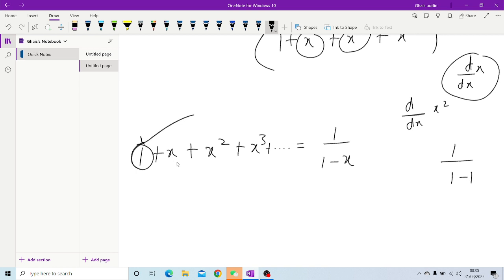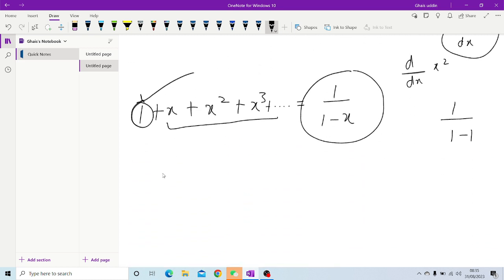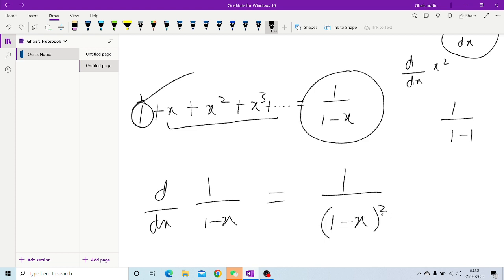If I use x here, this can become x, and we can expand this whole series as this formula, and so on, as we saw here that this is the derivative of this function. So we can write d divided by dx of 1 over 1 minus x. When we differentiate this, this will be equal to 1 divided by 1 minus x whole square.